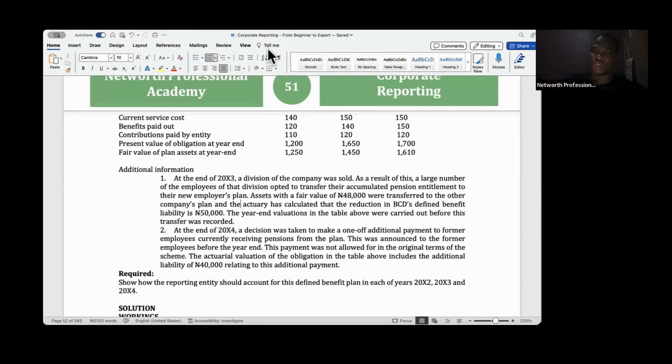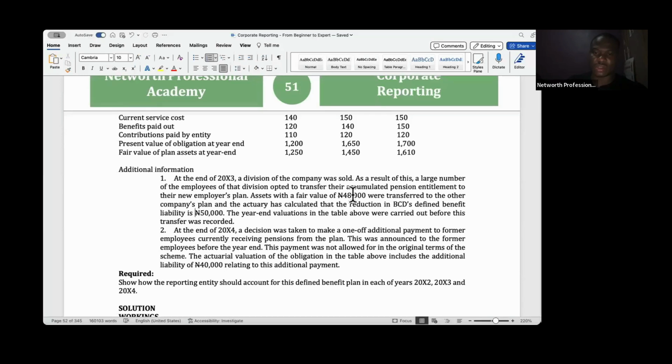And settlement simply means that we are going to take some of our assets and use it to net off that obligation. So this 48,000, the company is transferring, we are simply going to remove it from our plan assets. And the actuary has said that with this 48,000, our obligation has reduced by 50. So we are going to remove this 50 also from our obligation.